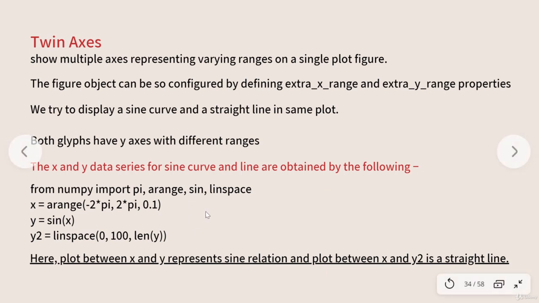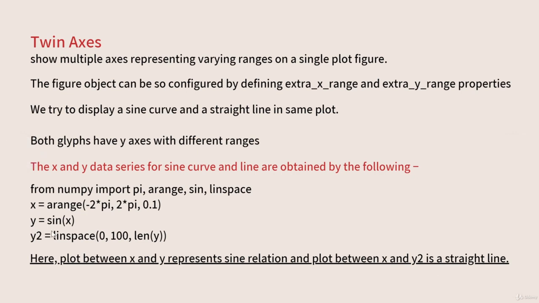So let's say I have three data sets with me: the X data set, the Y data set, and the Y2 data set. X data set is different, Y data set is different, and Y2 data set is different. I want to plot the relationship between X and Y and Y2 in the same plot area.